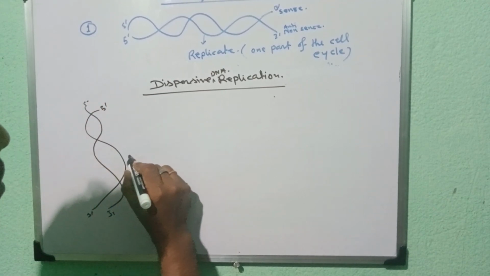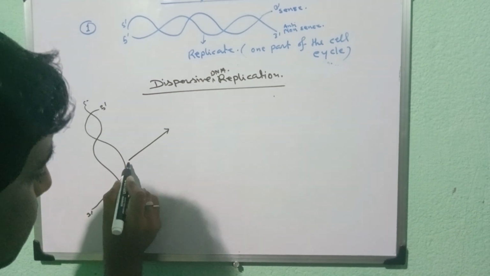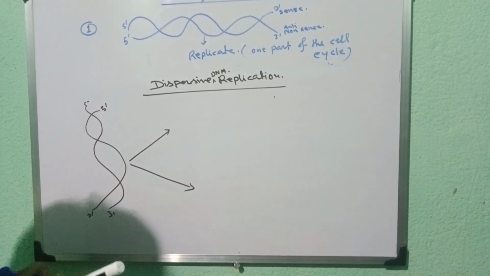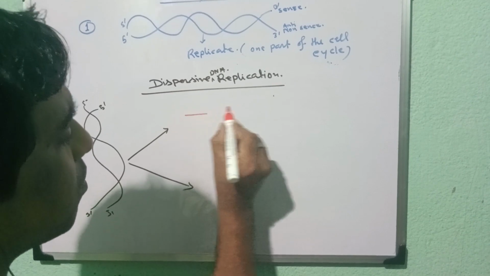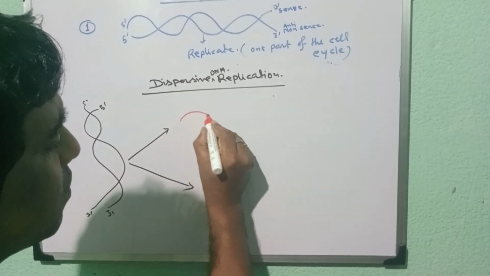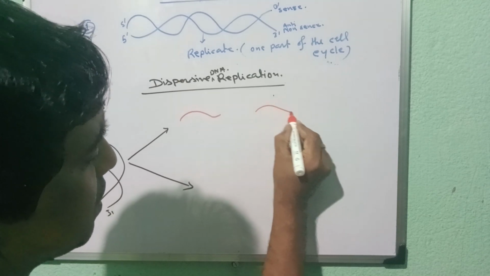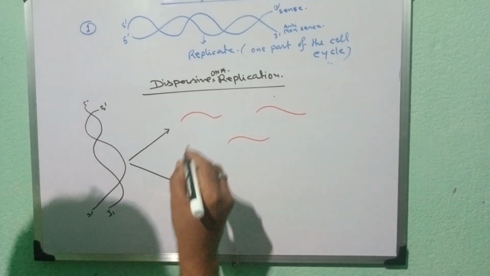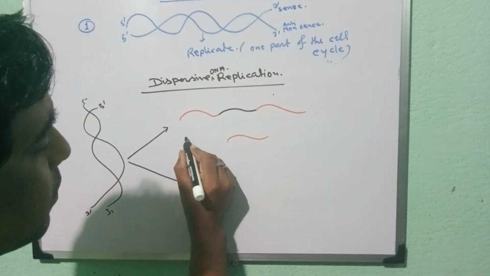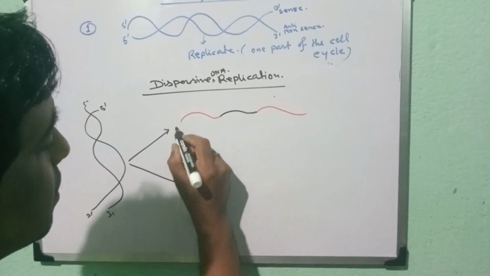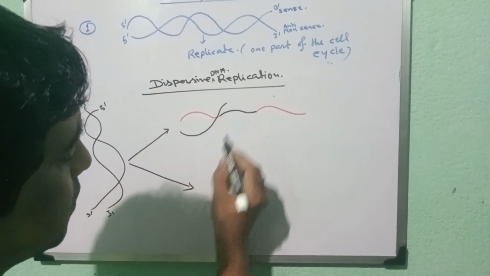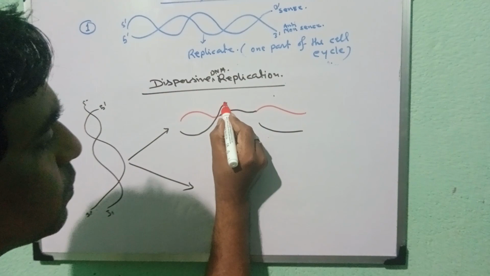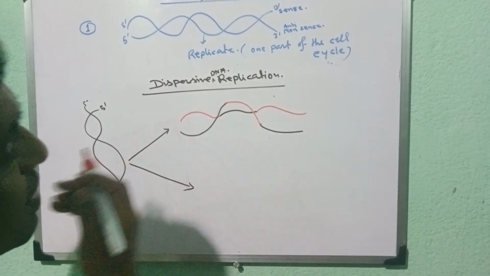Okay. These are dispersed. That means they are scattered. That means they are in scattered form.